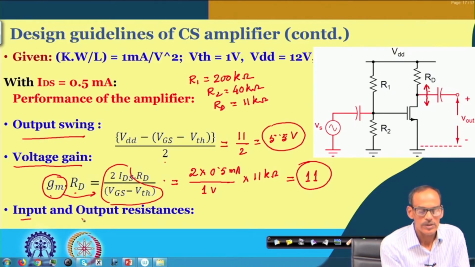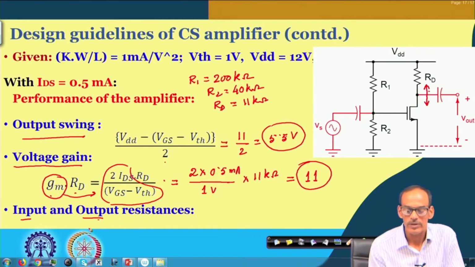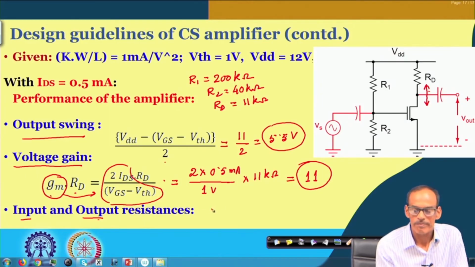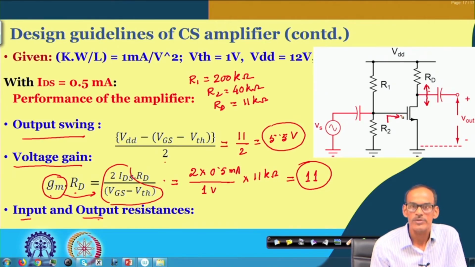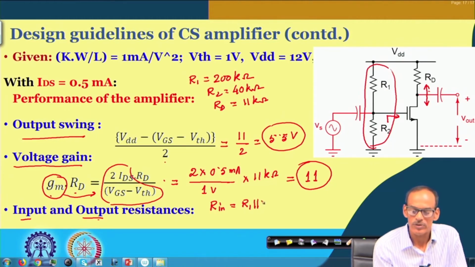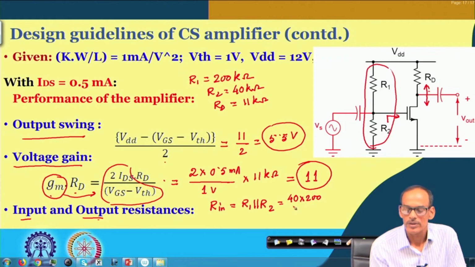So, this is one performance parameter, and this is also another one. In addition to that, input and output resistances of the amplifier. So, the input resistance in this case, the input impedance of the MOS transistor gate, you may approximate, it is very high. So, we can say that R in is primarily coming from the bias circuit R 1 and R 2, or to be more precise, this is R 1 parallel R 2, and this is 40 multiplied by 200 divided by 240.